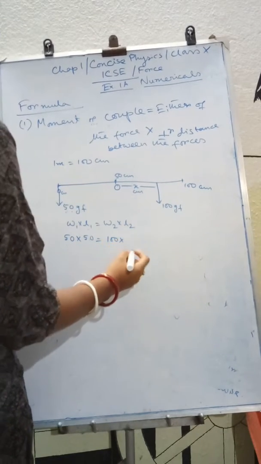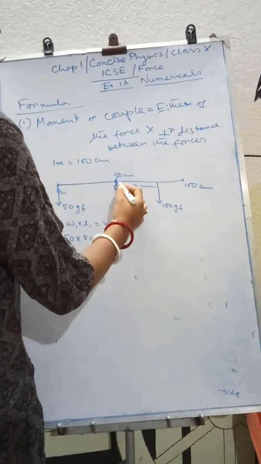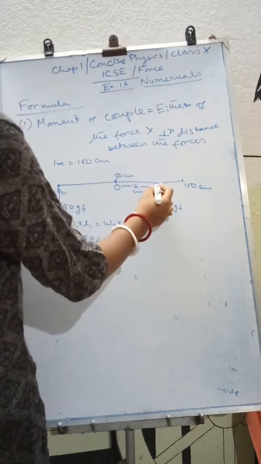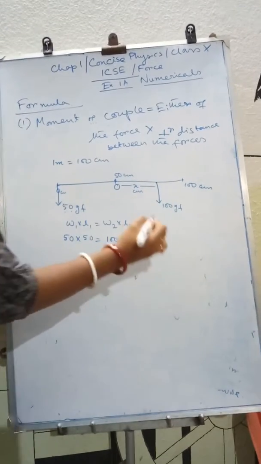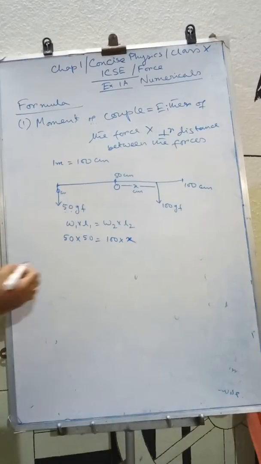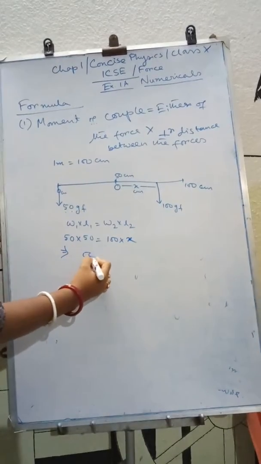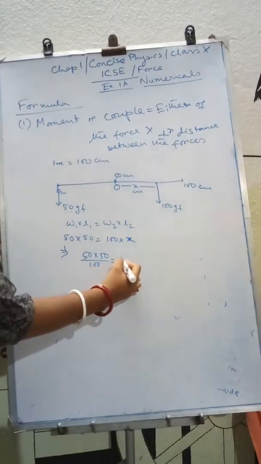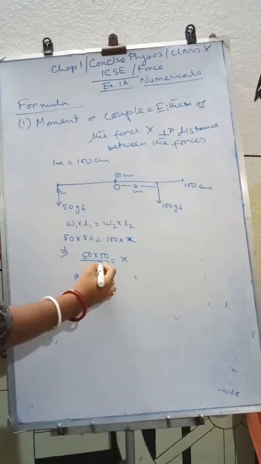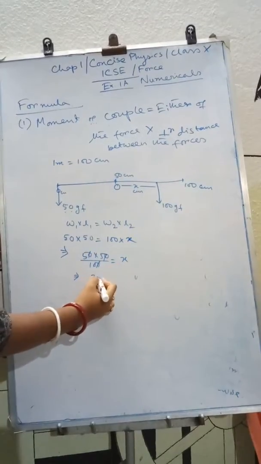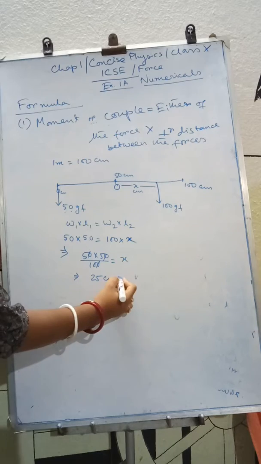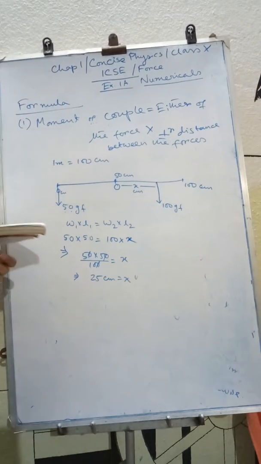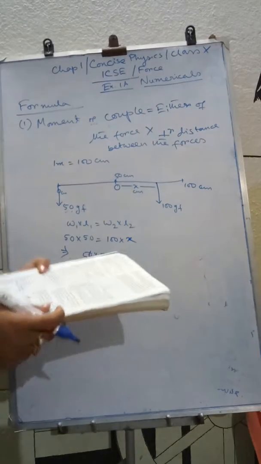W2 is 100 and L2 is x. So the solution will be 50 into 50 divided by 100, that is 25 centimeter. So the solution will be at a distance of 25 centimeter.